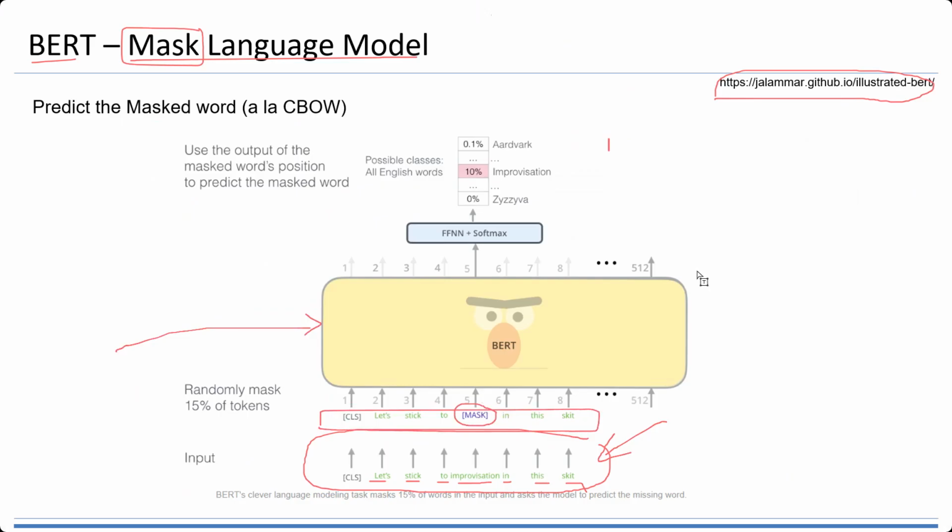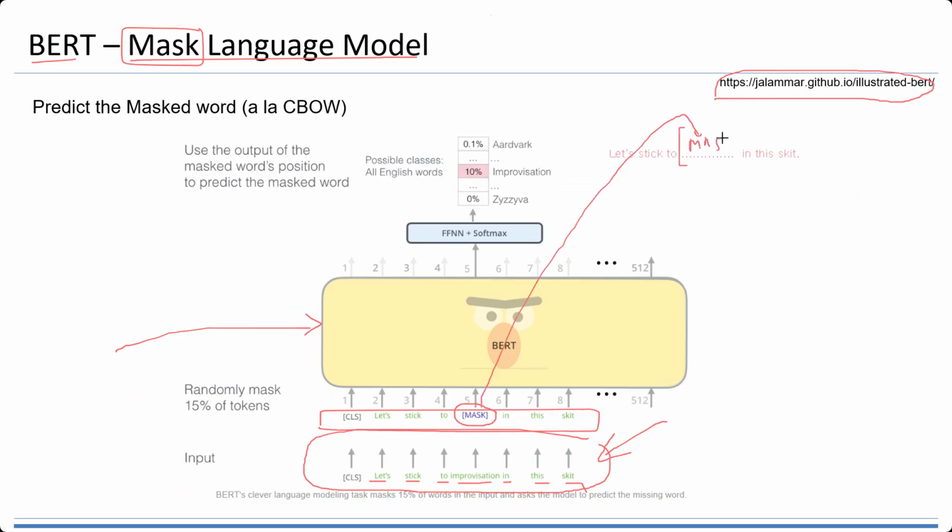So if we want to mask this word, then it means we remove the word and we put mask here. And we can just write mask.